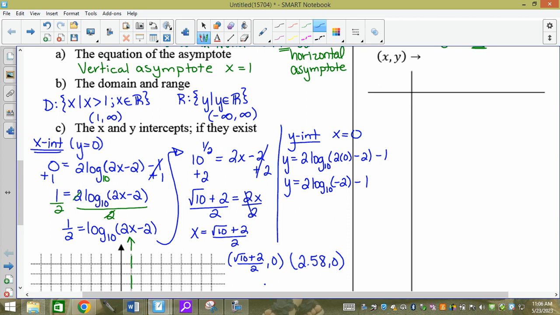What can't I have in a base of a log or beside the log? A negative. You type this in, your calculator's going to get mad at you. So when you get no solution because you can't have a negative beside your log, you have no y-intercept, which we saw. But this is algebraically how we prove that.